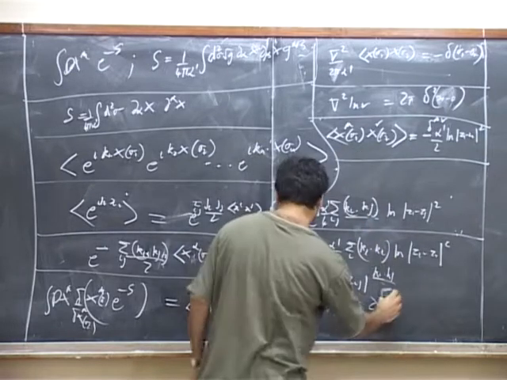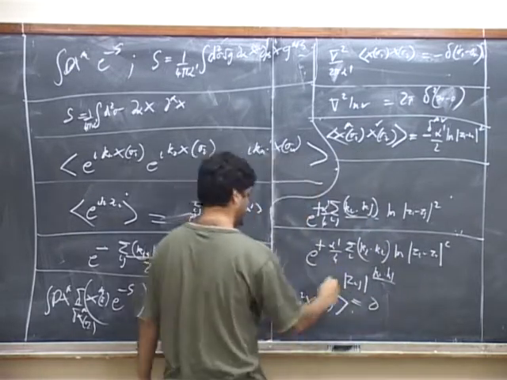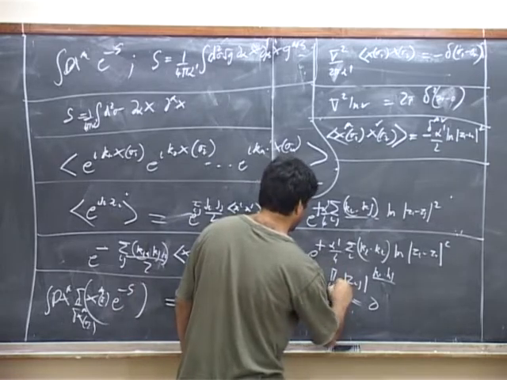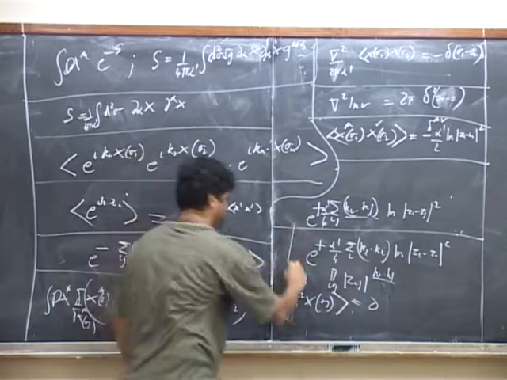Well, that's right. Product over i less than j.